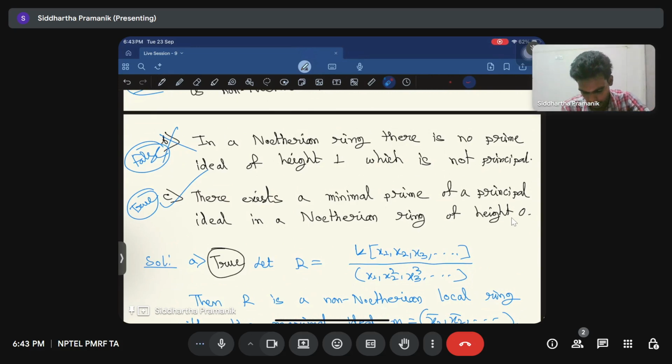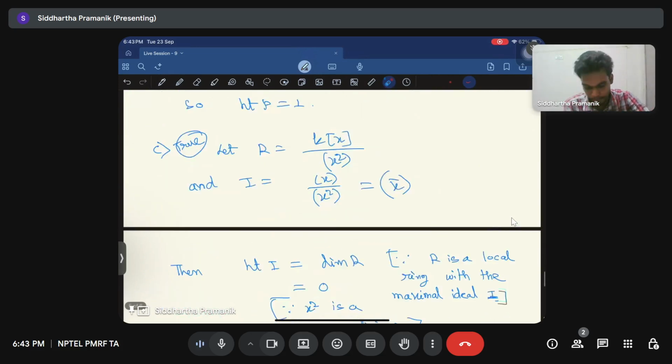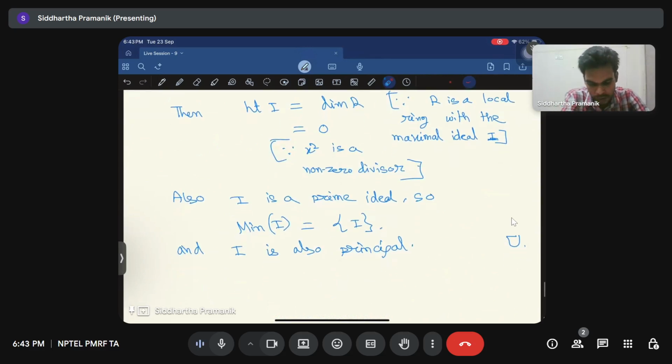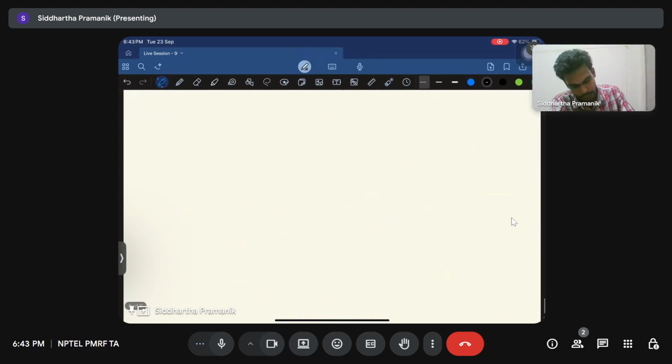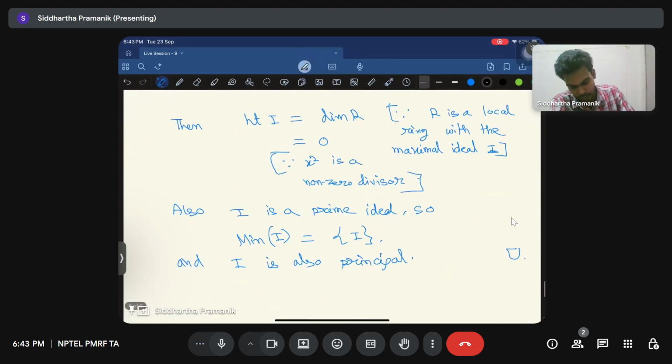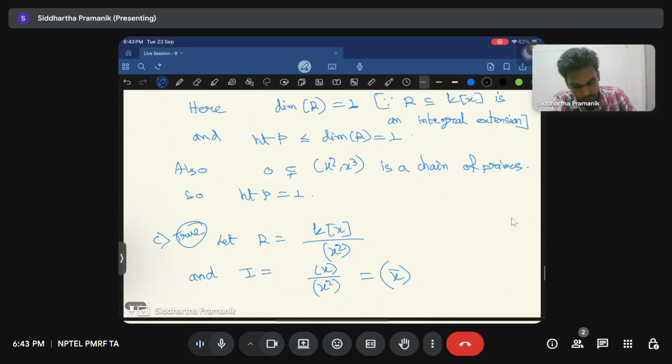Okay. Now let's do some other applications of Krull's principal ideal theorem. So this is problem number 5.